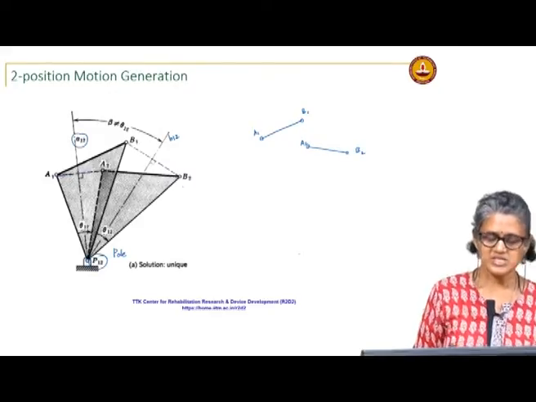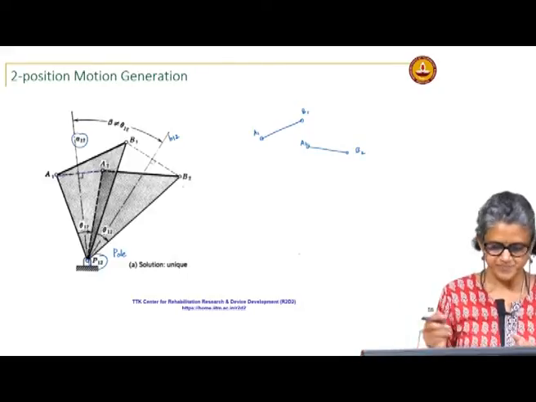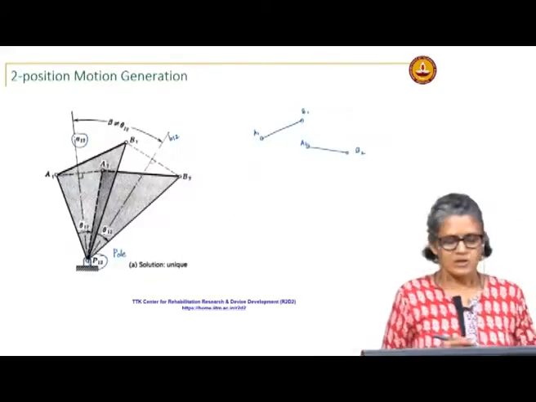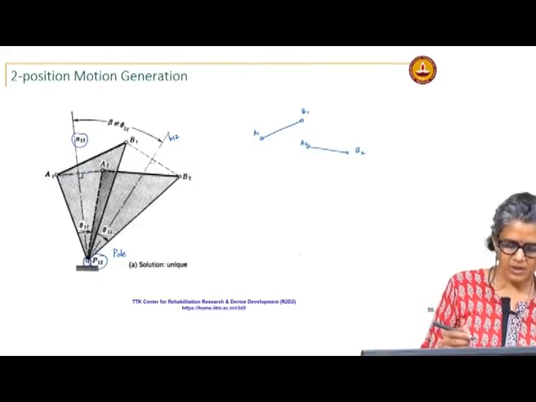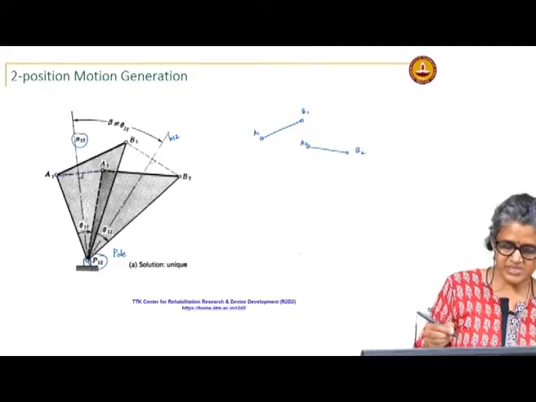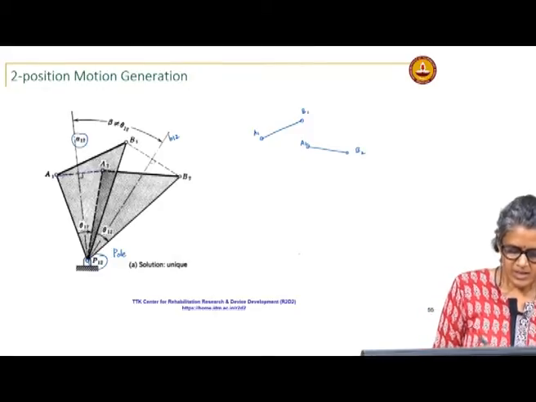Okay. I achieve it by means of a pure rotation. So, if I look at this, then the rotation.